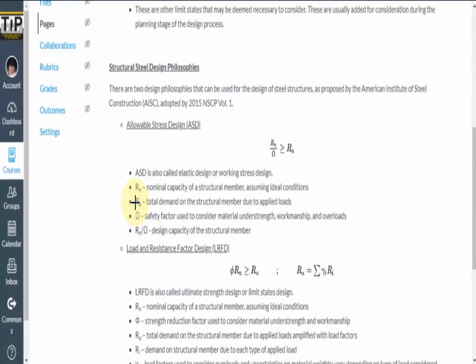Rn is the nominal capacity of a structural member, assuming ideal conditions. So what does it mean? For example, if you have a structural member, it has a material and section properties, you may be able to evaluate the capacity of that particular structural member. So for example, in flexure, you will determine its moment capacity.